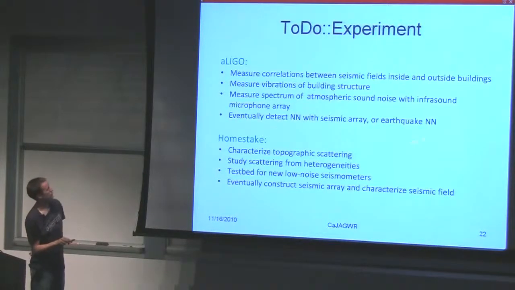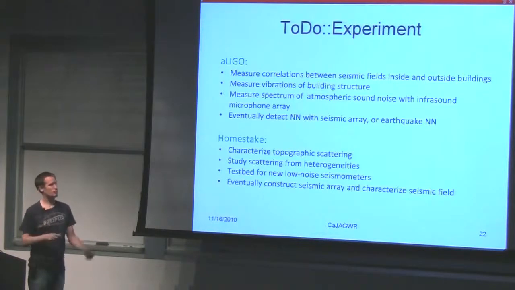And so for that reason we should really start some small experiments in the beginning, like studying correlations of the seismic field, and also monitor, for example, vibrations of the building, then also try to characterize the atmospheric spectrum.